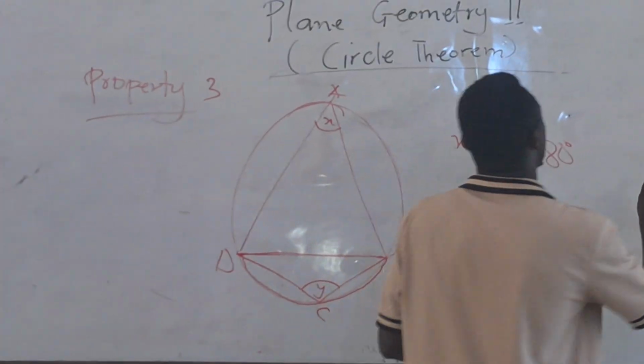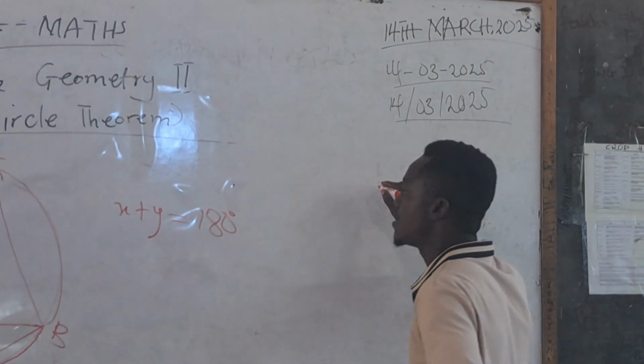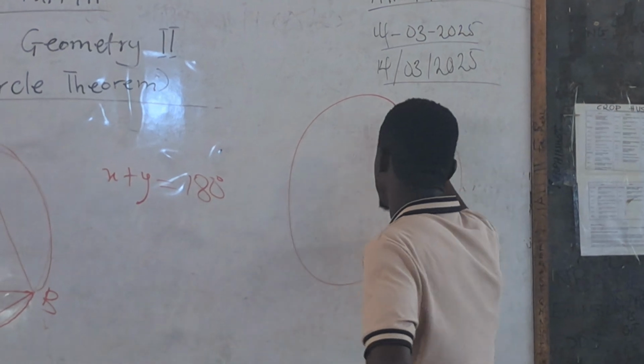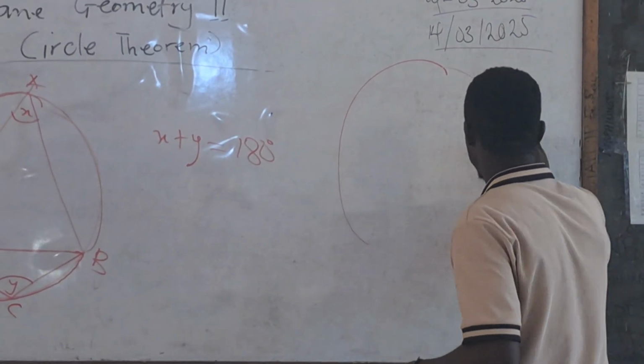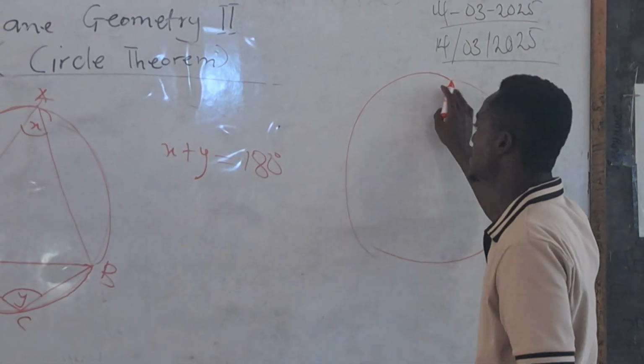So let's take one or two quick examples. For instance, we have a diagram like this.